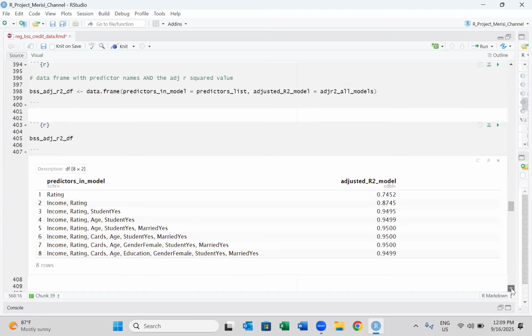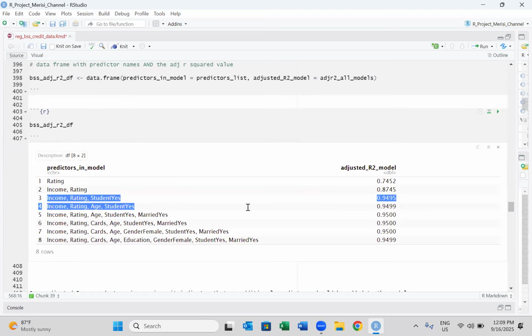When we go from income, rating, student yes to income, rating, student yes and age, the increase in adjusted R-squared is so tiny. It's 94.95 to 94.99, so like a 0.004 increase, that's a 0.04% increase. Very, very small.